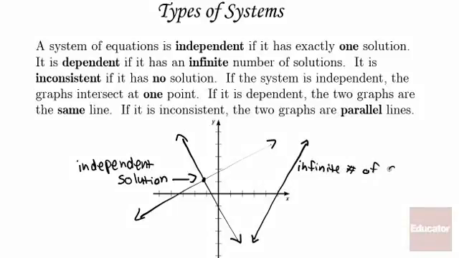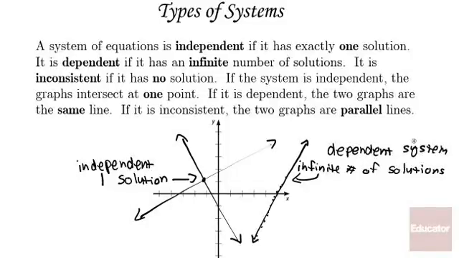And the reason is every single point along this line, every single set of x, y coordinates, is an intersection of the two graphs. There's an infinite number of points along the line, each a set of x, y values where the two lines intersect, since they're the same line. Here, we call this a dependent system. So here we have one solution, here an infinite number of solutions, and this is a dependent system.